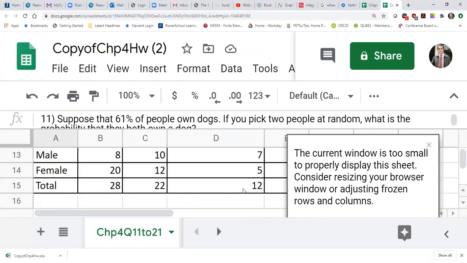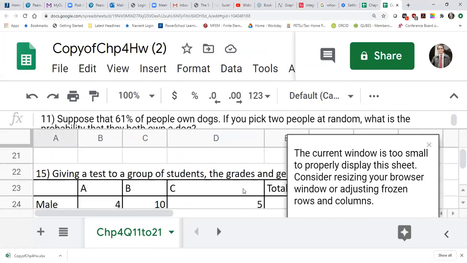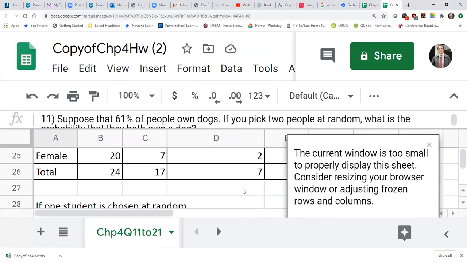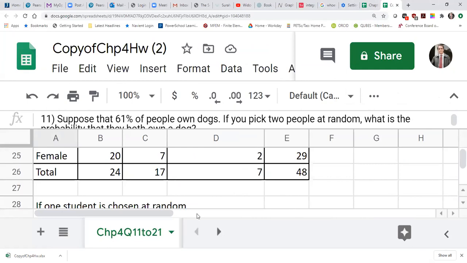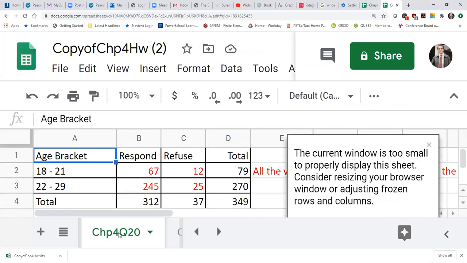So we're looking for number 20, right? You can see here, this is from 11 to 21. Okay. So 20 will be this one here. So I need to change to this problem.